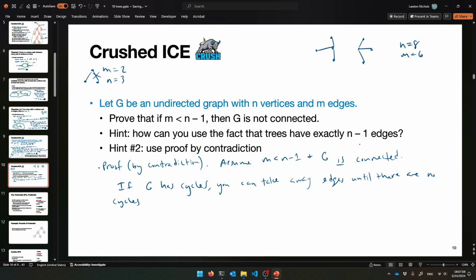So get rid of any cycles. So this G that you're claiming is connected right now, if it has cycles, chop off as many edges as you need to get rid of all the cycles. It'll still be connected. Here's your node with a cycle at least. See how I can chop off an edge and it'll still be connected?